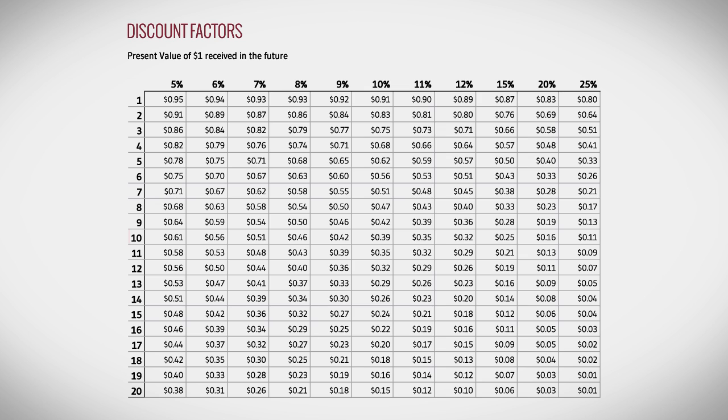So, for example, let's say that we're going to get $1 10 years from today, and our expected rate of interest is 7%. That means, applying the formula, and you can see this on the table, $1 in 10 years at 7% is worth 51 cents today. And in 10 years, if the interest rate were to change to 10%, that same dollar would only be worth 39 cents.